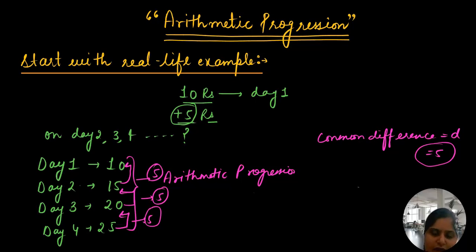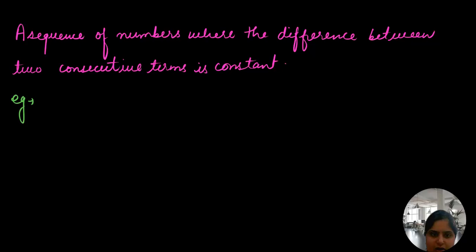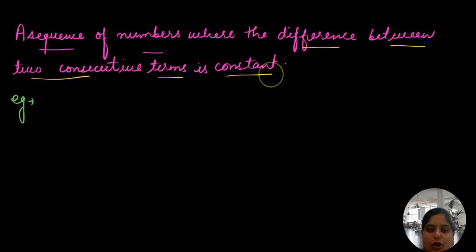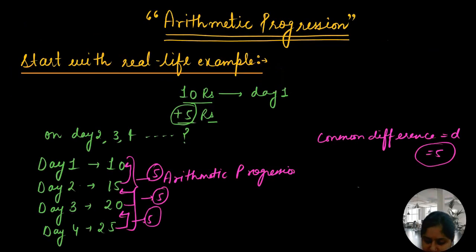So let's see how we can define arithmetic progression clearly. I'm going to the next slide. So arithmetic progression is a sequence of numbers where the difference between two consecutive terms is constant. As you can see in the previous slide, this is your sequence: 10, then 15, then 20 and 25, and so on.